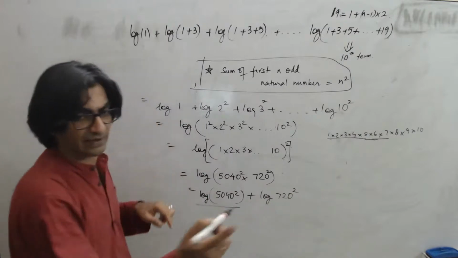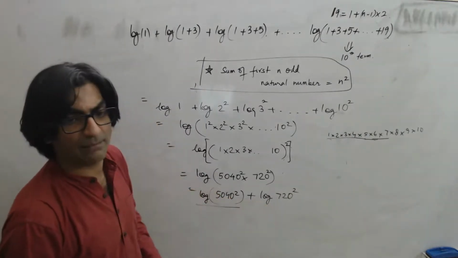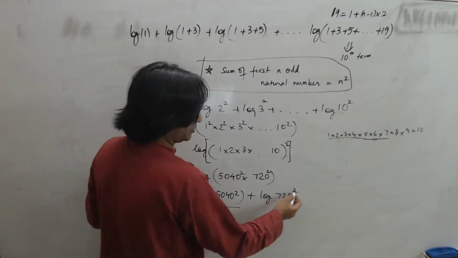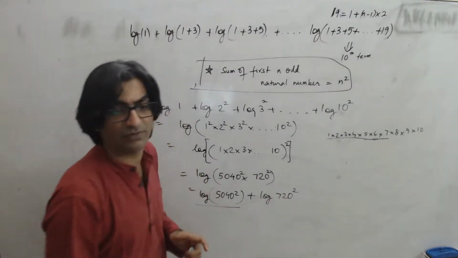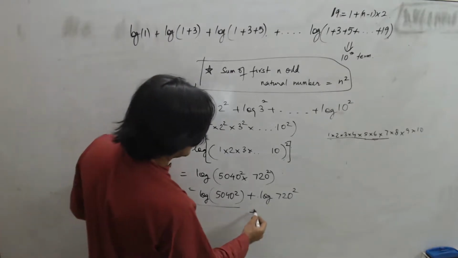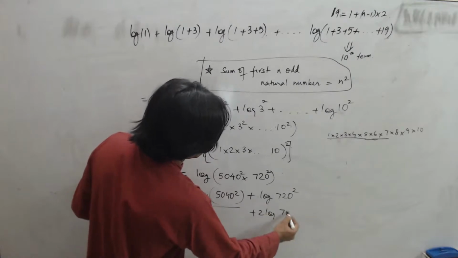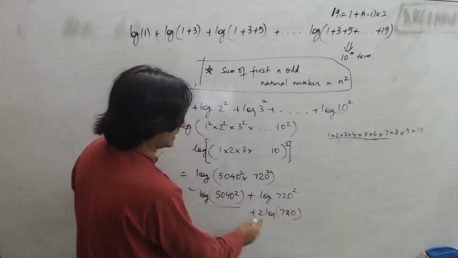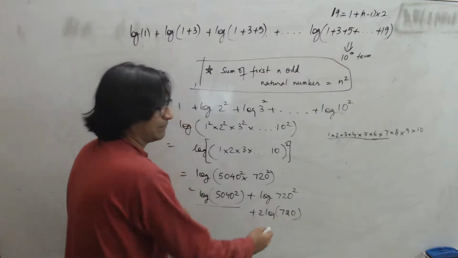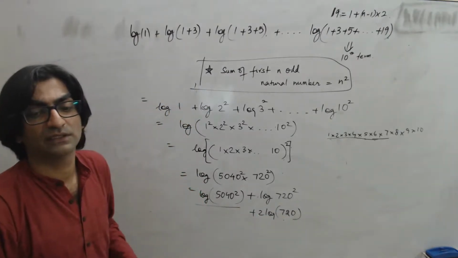This is already there in the right hand side, log of 5040 square, which means this should be m log n. Either m is 1 and n is 720 square, that's not given in the options for m plus n. Or I can write this as 2 log 720, in which case this is m and this is n. So the value of m plus n will be 722, which is indeed there in option C.